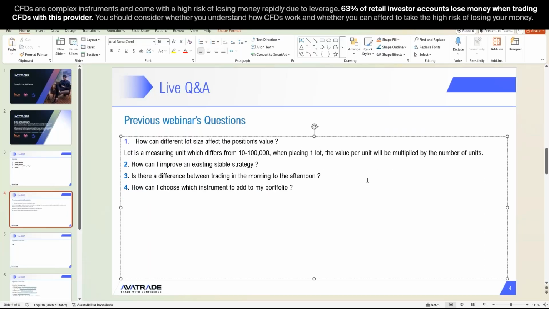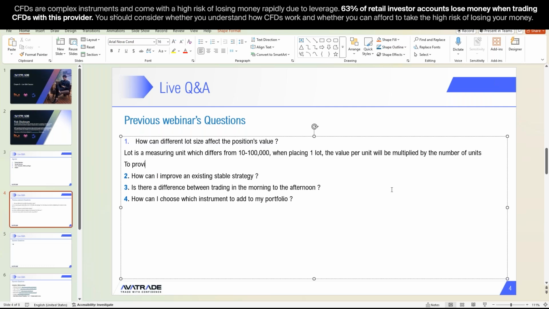Okay, when placing one lot, the value per unit will be multiplied by the number of units to provide the total value, which can later on be divided by the leverage to know the margin requirement.